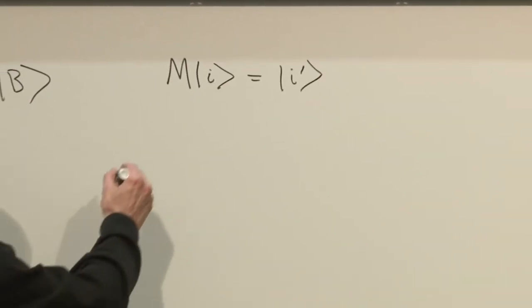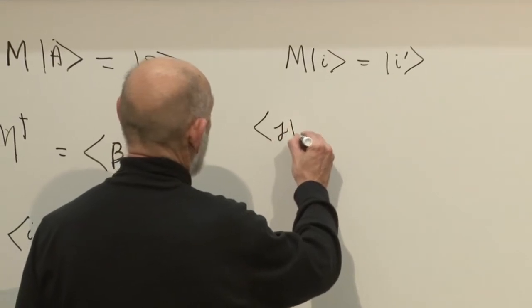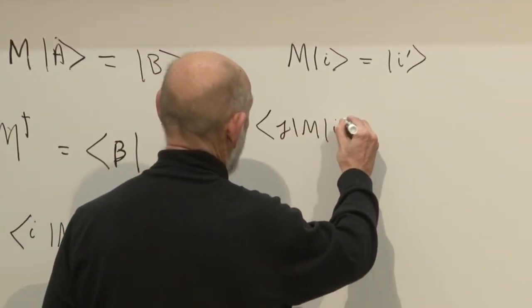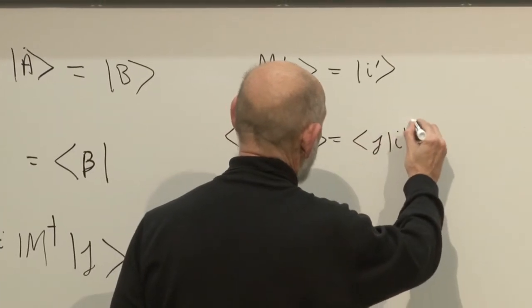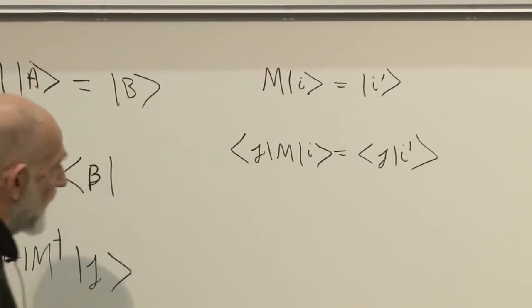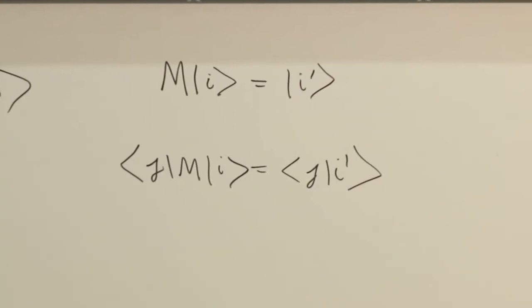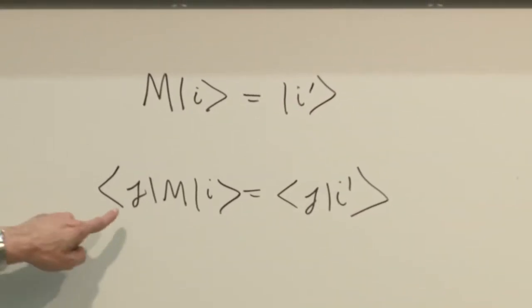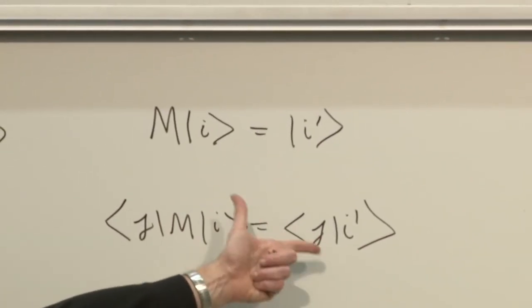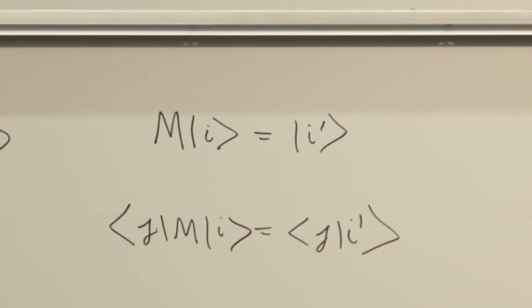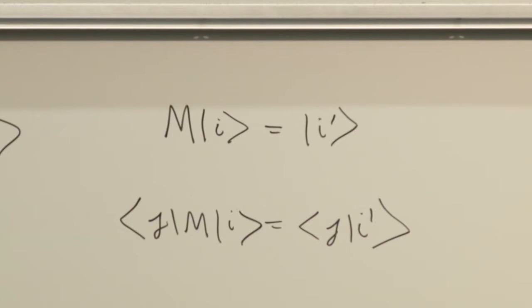Now let's take <J|M|I>. That's equal to <J|I prime>. All I've done is take the inner product with J. Here's the matrix element of the matrix M, and it's just this inner product. That was a trivial operation. I didn't do anything very significant.